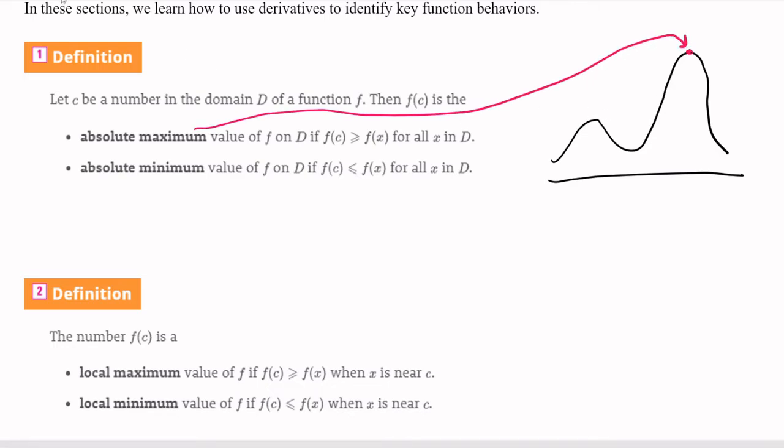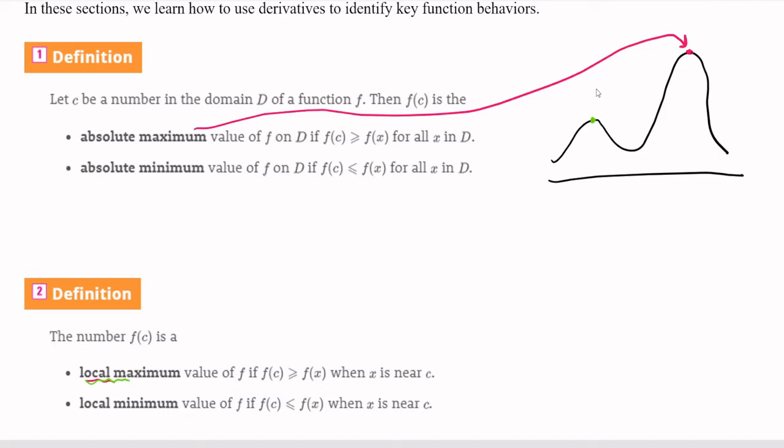Okay. On the other hand, though, we do have local maximums. What's a local maximum? So a local maximum is a top. It's a highest point, highest in y value, largest, right? But it doesn't necessarily have to be the tippity top of your function for the whole range.